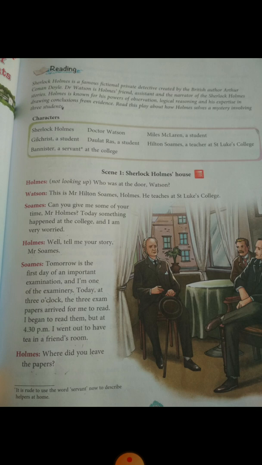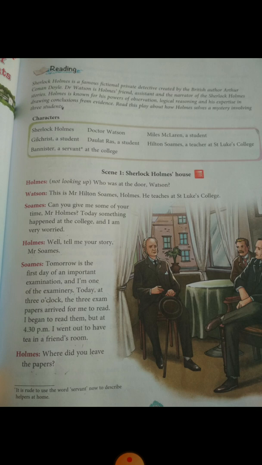Soames says that tomorrow is the first day of an important examination, and I am one of the examiners here. I am going to read some papers, and at 4:30 p.m. I leave my room to take tea. Holmes asks, where did you leave the papers?